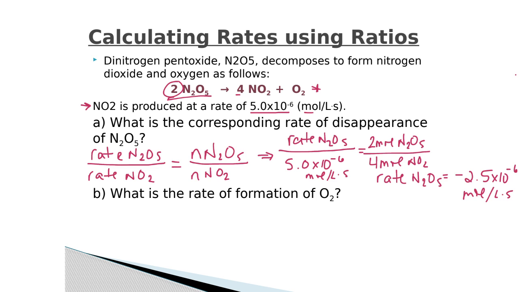So similarly, we could say, what is the rate of formation of oxygen? And when we set this up, similar to what we just did above, we want to know what is the rate of O2, and then we have to compare the rate of some other substance within the reaction. So we now have 2 rates. We have this original one that they gave us in the question, and now we have this one over here that we just calculated.